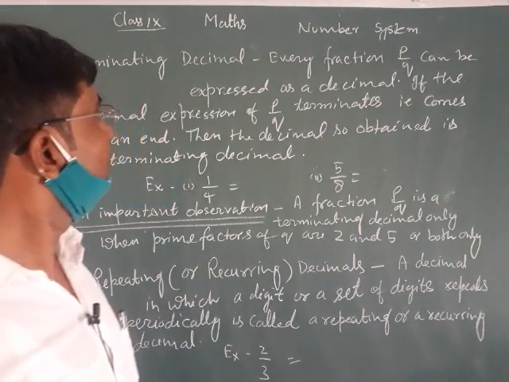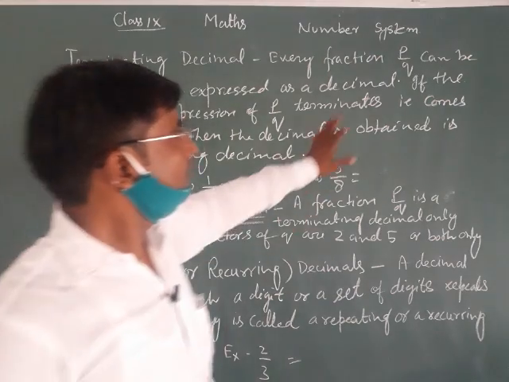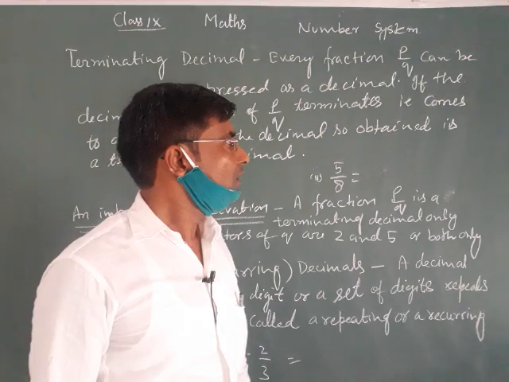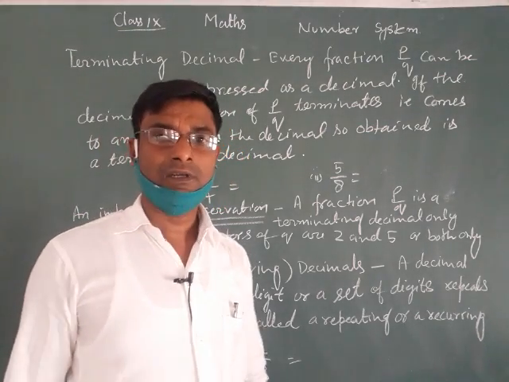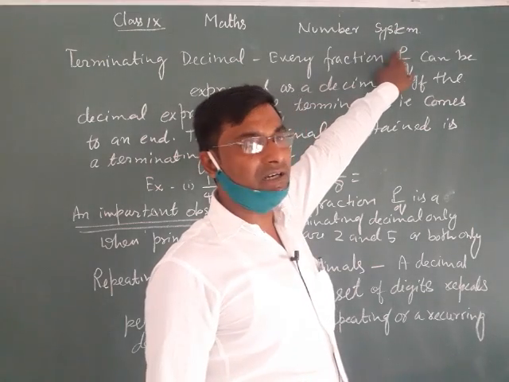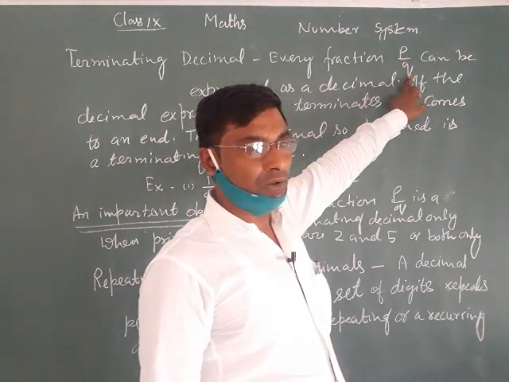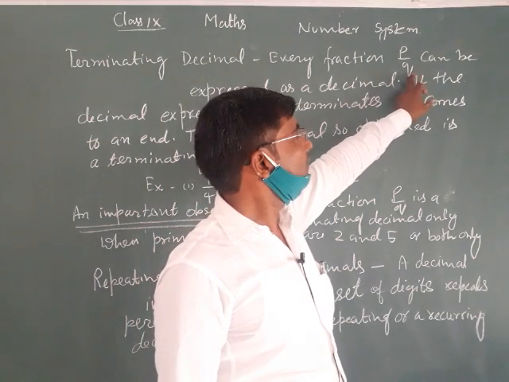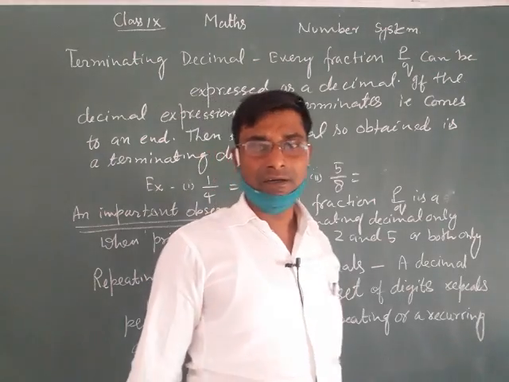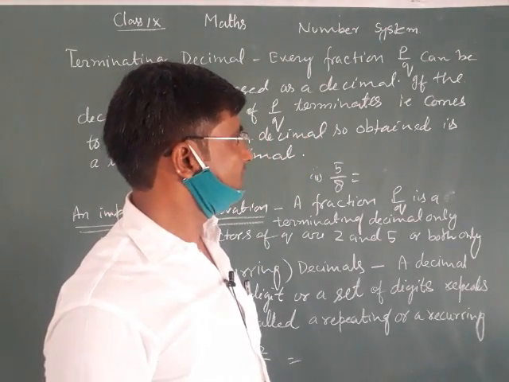Terminating decimal. Every fraction represented as p by q, if on division p by q, two things happen: either the remainder becomes 0 or it never becomes 0.